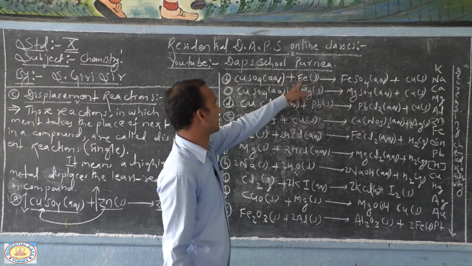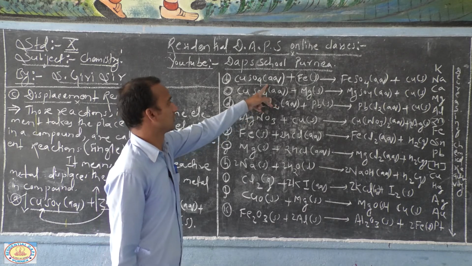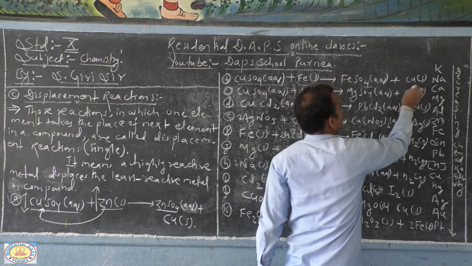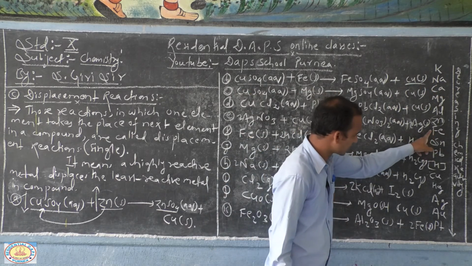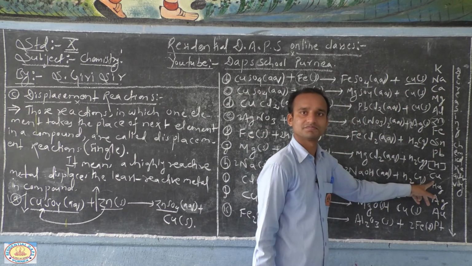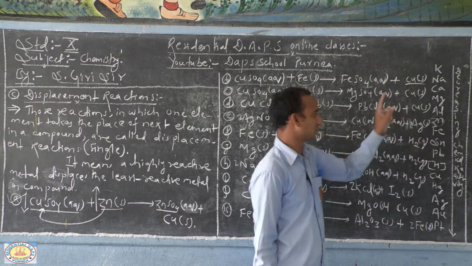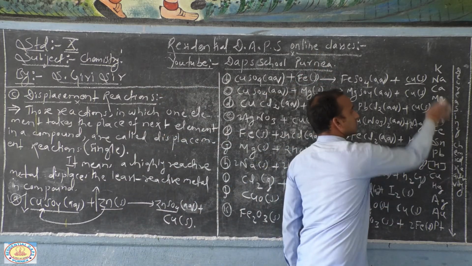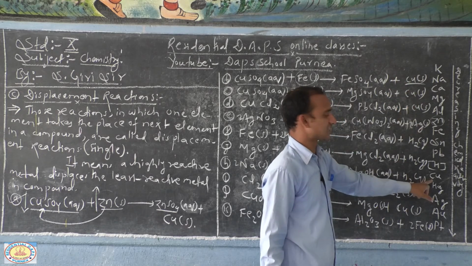So iron is able to displace the copper from the copper sulfate solution, and you will get iron sulfate, that is ferrous sulfate, plus copper. Here you can see the position of the iron. Iron is here, but copper is here. It means copper is less reactive than the iron metal.